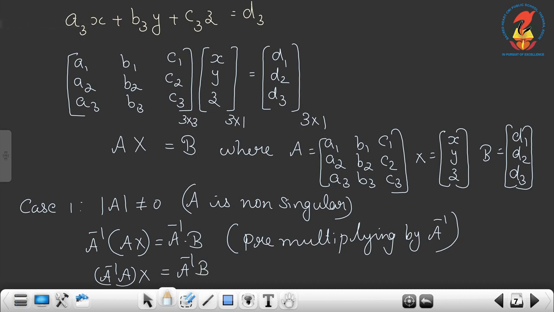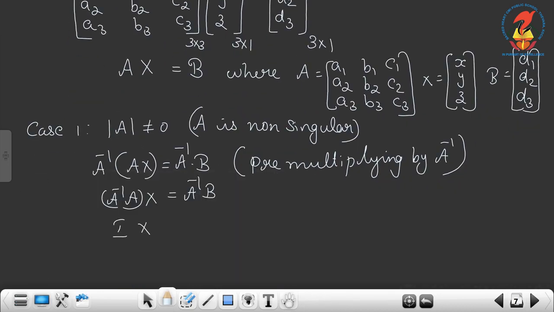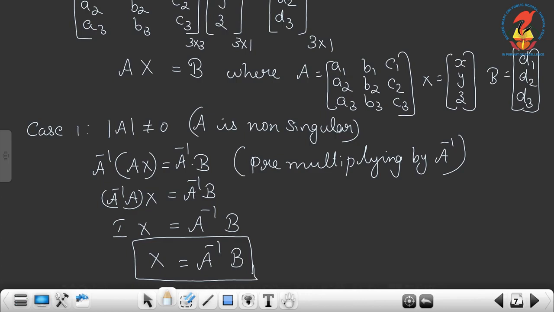So A inverse into A becomes I. So I into X is equal to A inverse into B, or I into X is X itself, so X is equal to A inverse B. This is the way we can find X. X means it's a column matrix. There are three unknowns, small x, small y and small z. So that matrix X is equal to A inverse into B.